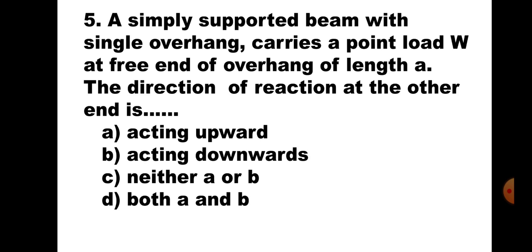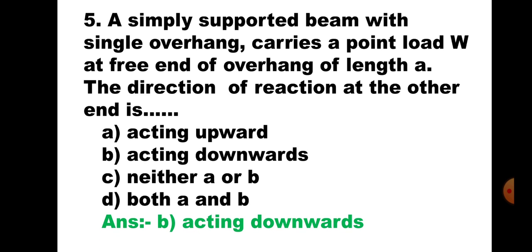If you say that a beam ABC, it is supported at A and B and C is free. If the load is applied at C and that load is acting downward, then it will try to press the beam downward. Therefore, end A will try to lift up. Therefore, the reaction at A will be definitely acting downward. Hence, the correct answer is B, acting downwards.